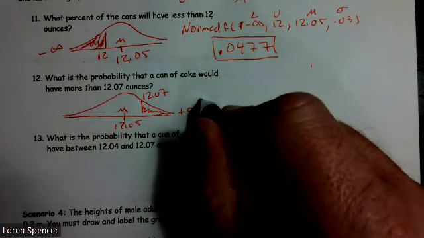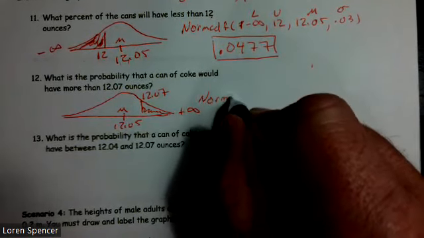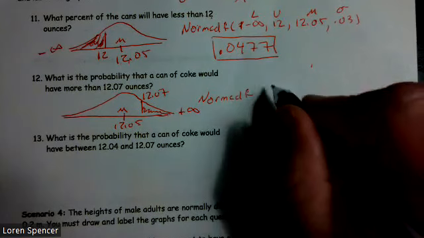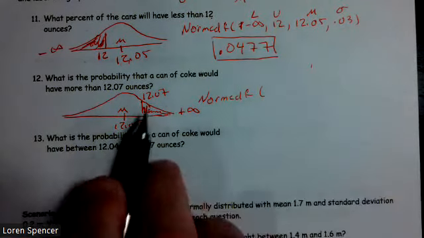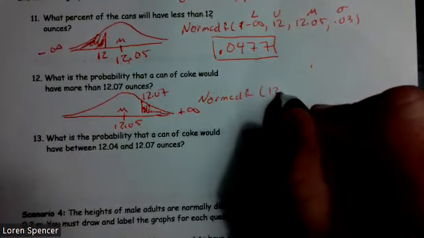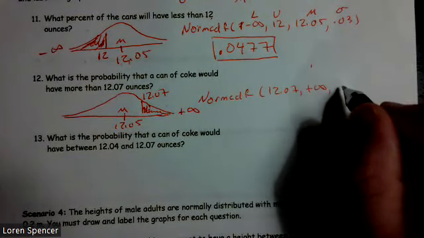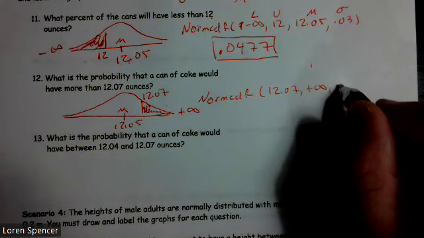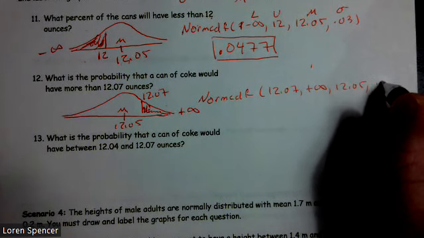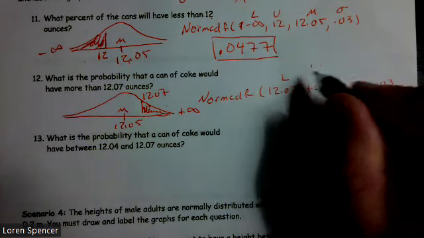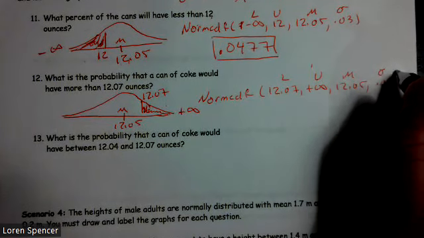Once again, norm CDF. We have our lowest part of our shading at 12.07. Our upper part was positive infinity. We have a mean of 12.05 and a standard deviation of 0.03. So lower, upper, mean, standard deviation.